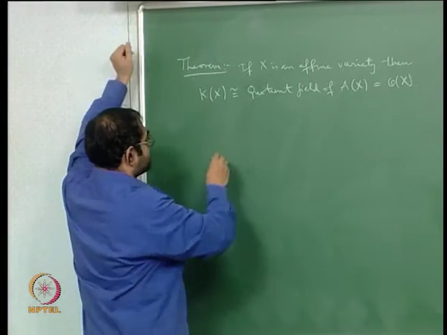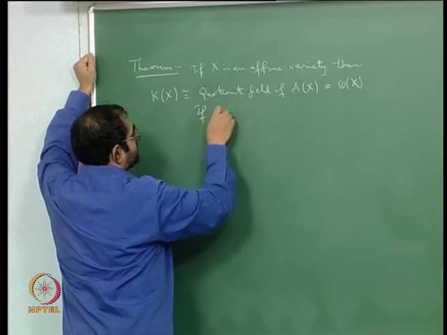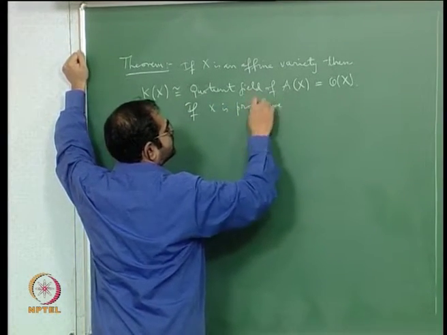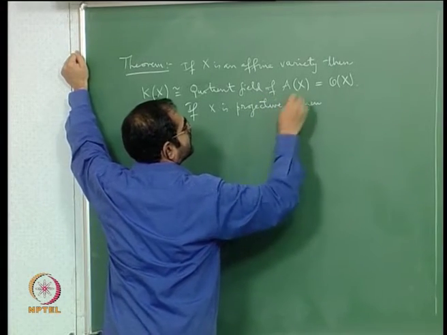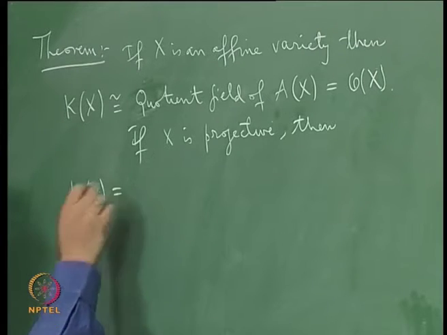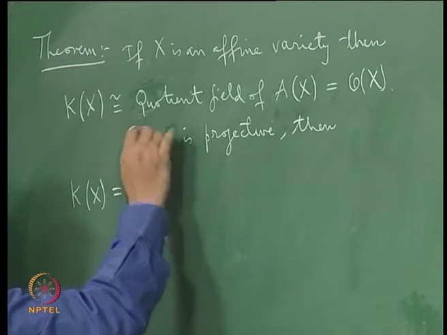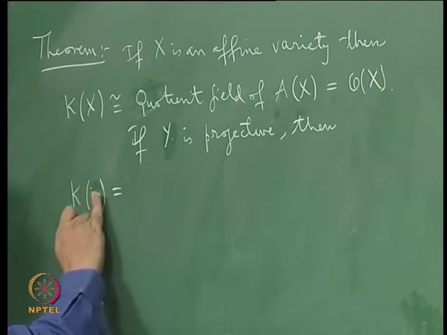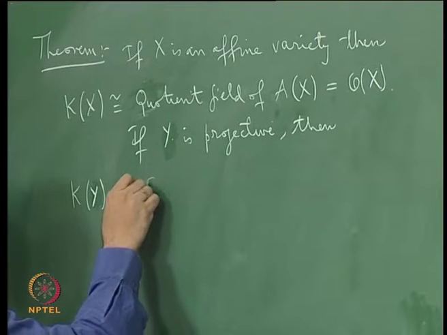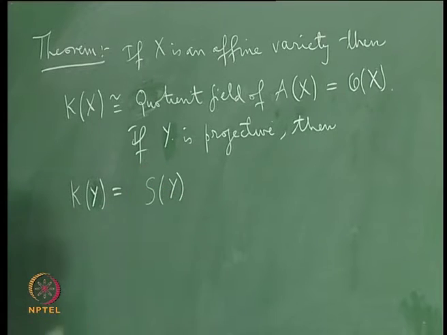And what if x is projective? If y is projective, then Ky is obtained from the homogeneous coordinate ring of y.